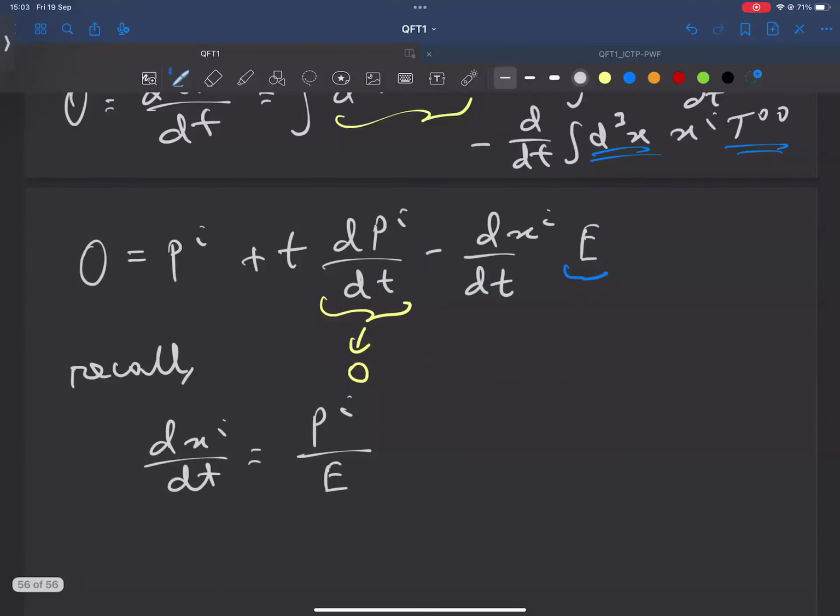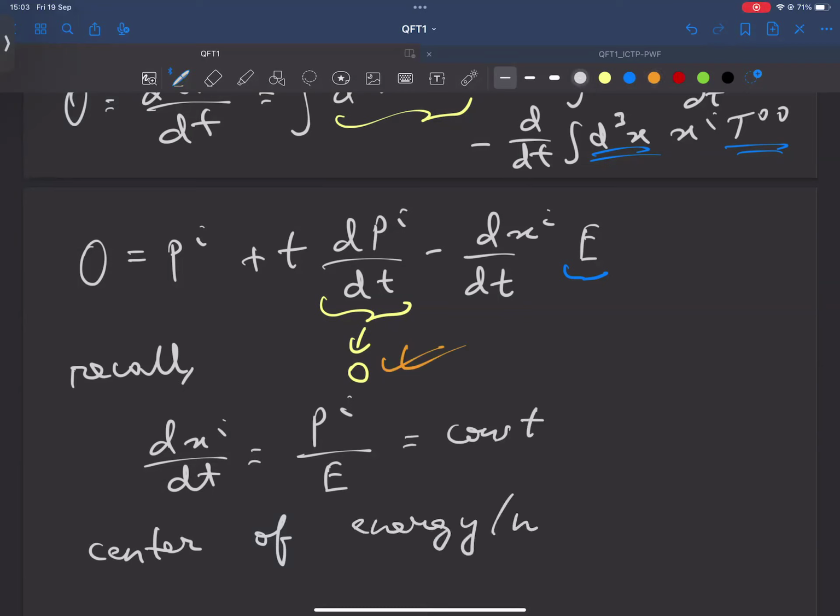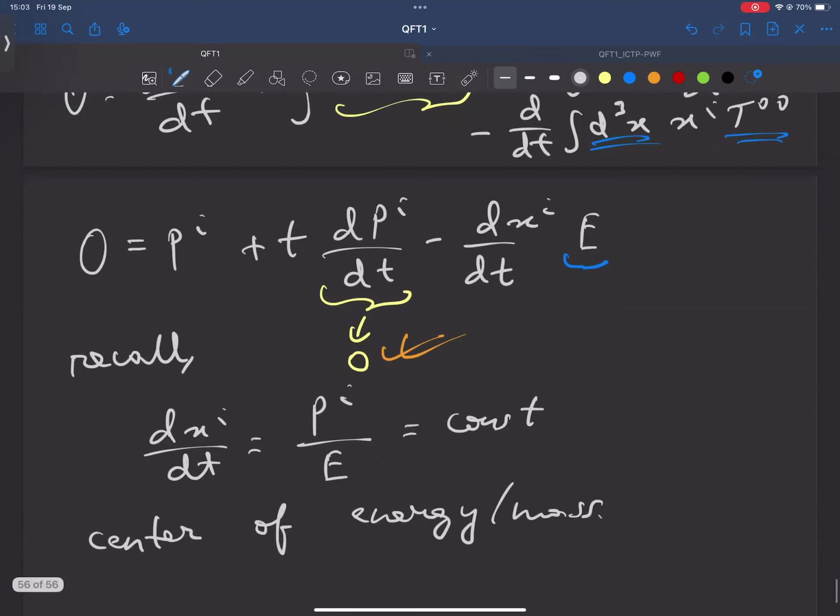Imagine a system, and this is constant because this is 0 by space-time translation. Let's say you are in the center of energy or center of mass frame, and this x^i labels the position of your center of mass.